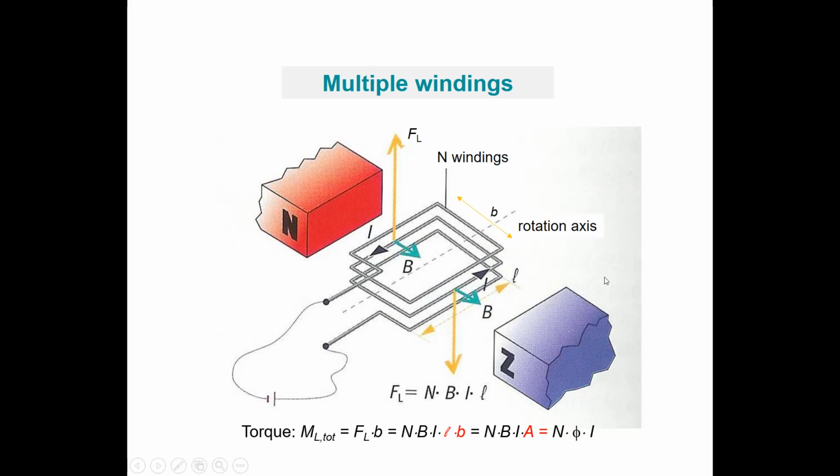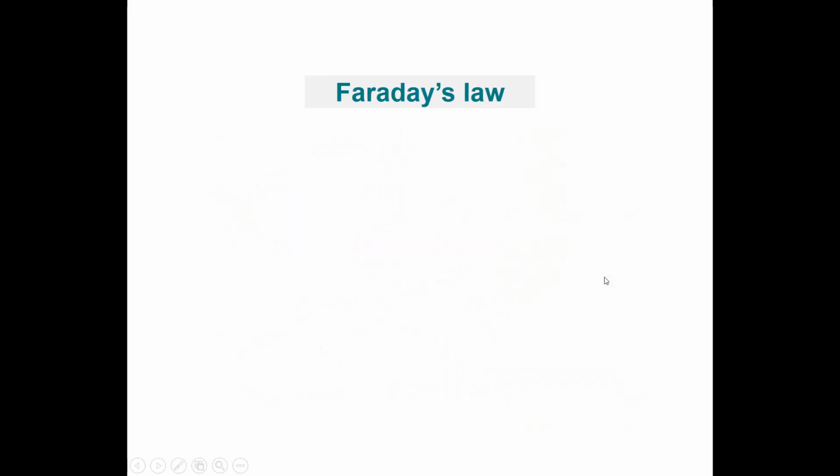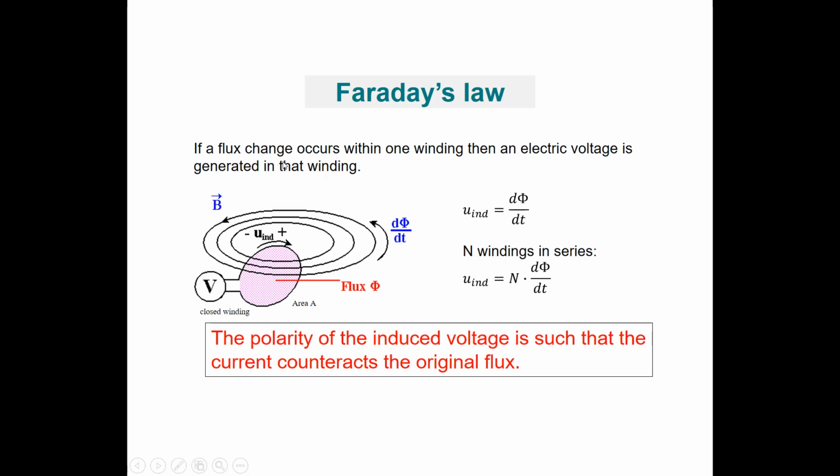And now something else happens, and that is due to Faraday's law. If a flux change occurs within a winding, then an electric voltage is generated in that winding. We call that the induction voltage, which is the derivative of the flux. When we have more than one winding, so for instance n windings, that induced voltage is n times the derivative of the flux.